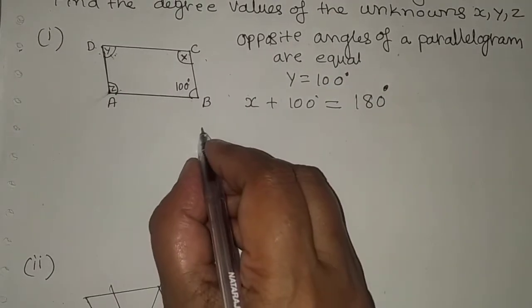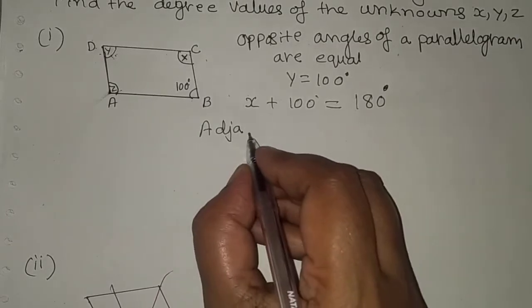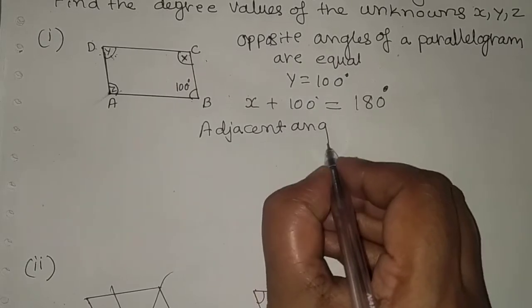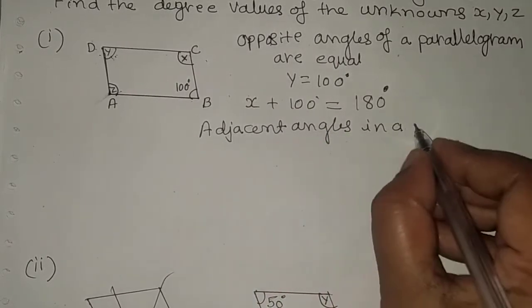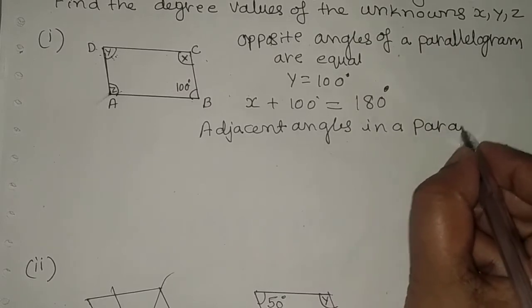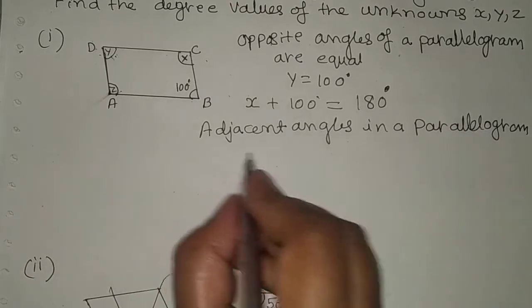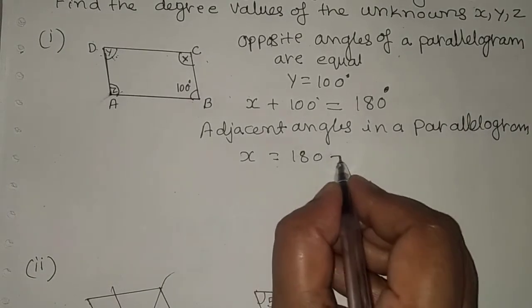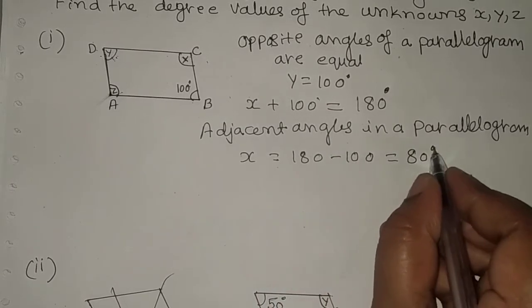So x is equal to 180 minus 100, which is 80 degrees.